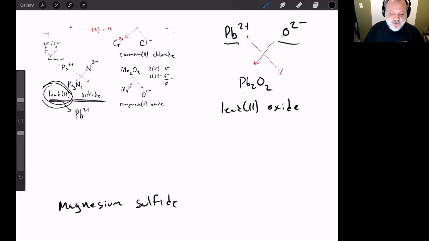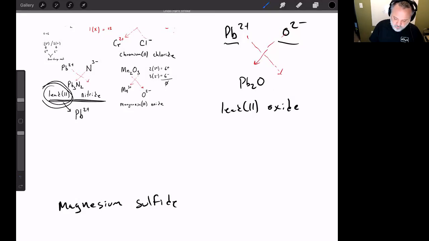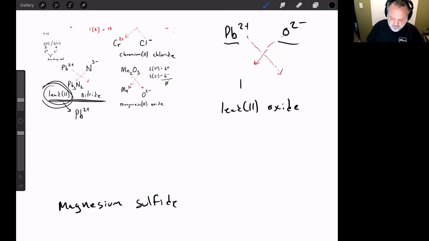Right, you guys go with your classmate here in this case. The formulas for ionic compounds are always represented in their lowest whole number ratio. So if the cross-down method gets you 2 and 2, then you can always reduce that by dividing both of those numbers by 2 and getting 1 and 1.